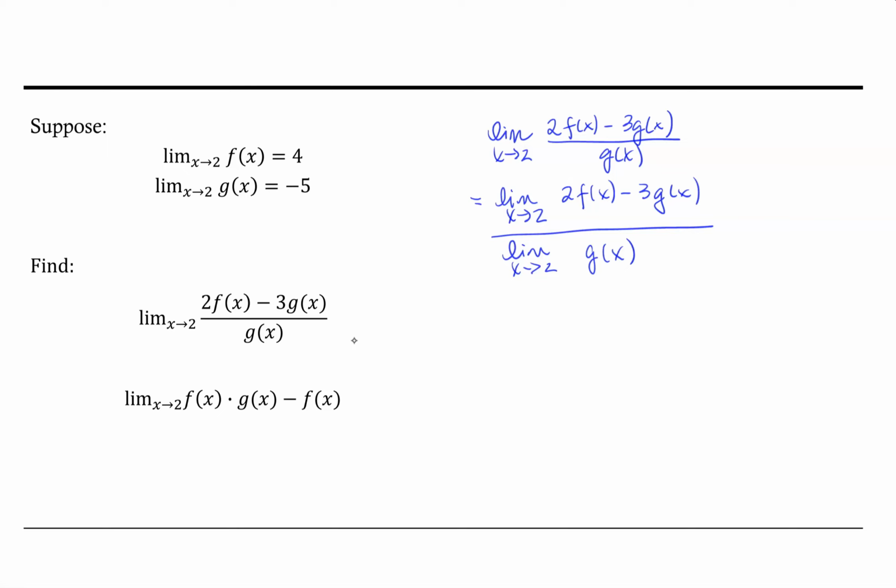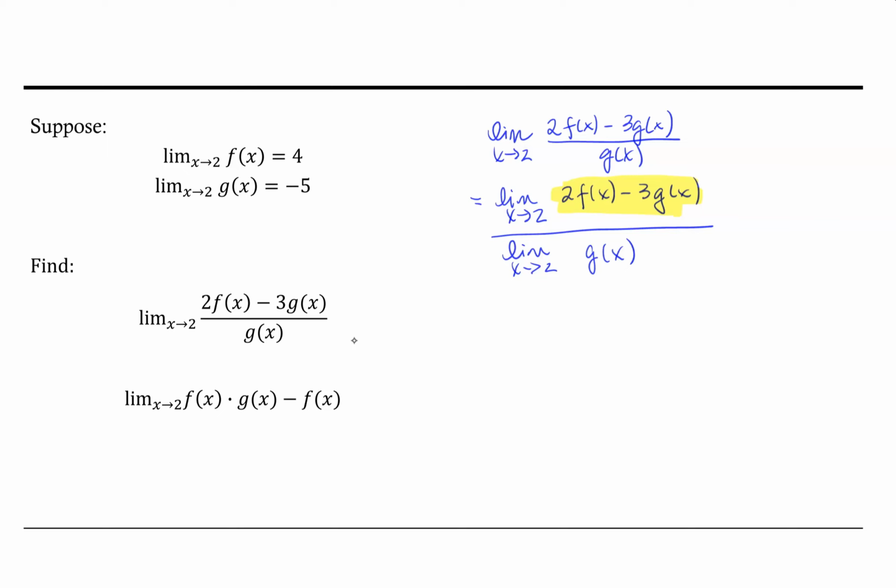Now the next limit law we're going to apply is the one for a difference. We have 2 times f of x and 3 times g of x in our numerator. So we know that the limit of a difference is the difference of the limits.